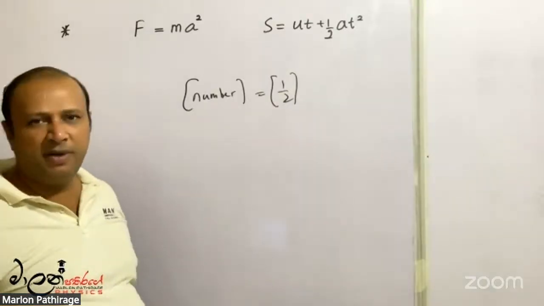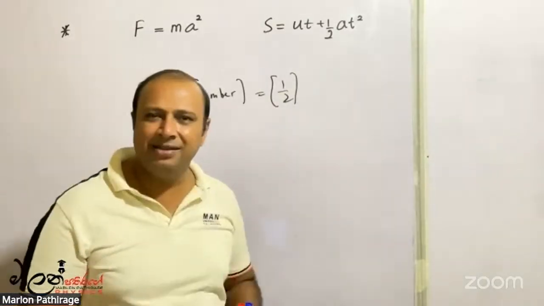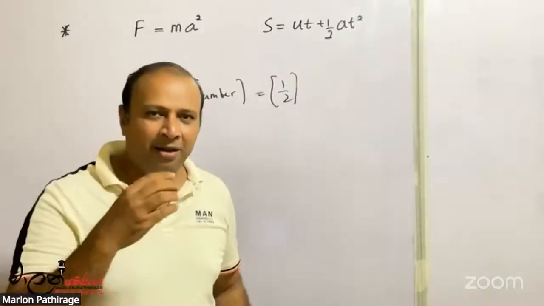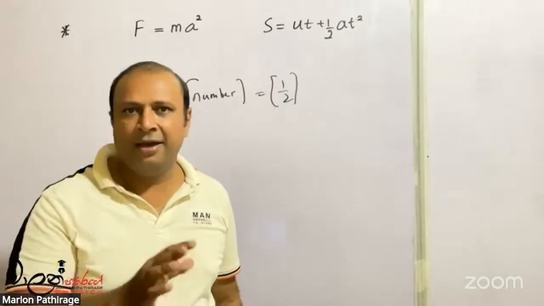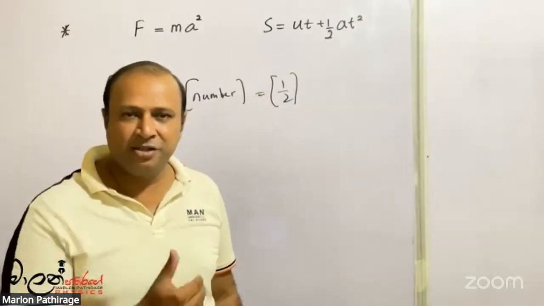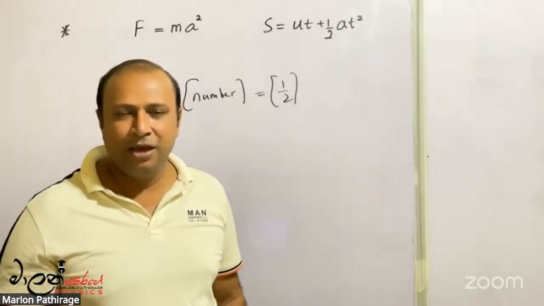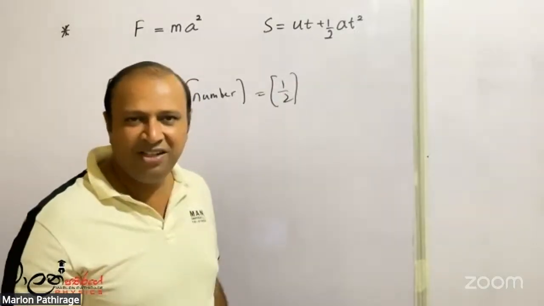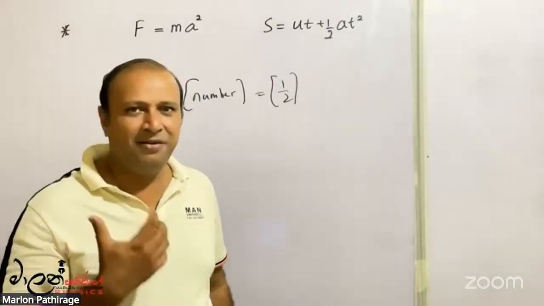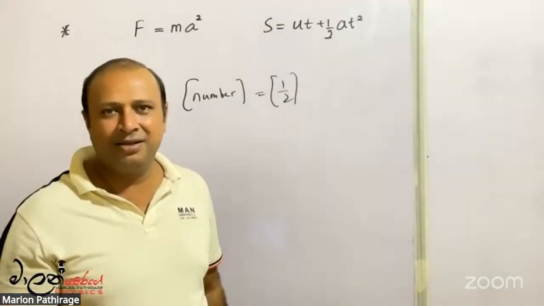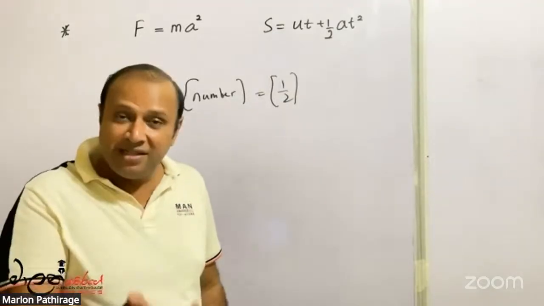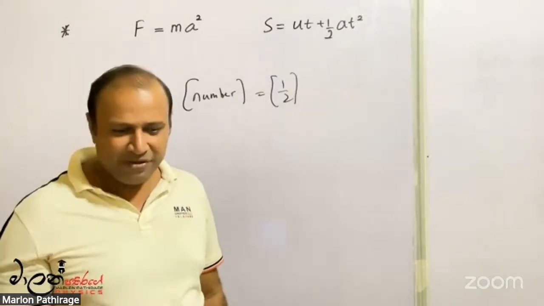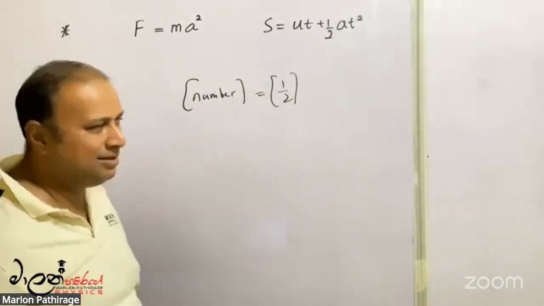Dimension is the relationship between the derived physical quantity and the corresponding physical quantity. A number is not a physical quantity, just a number. Therefore, numbers do not have dimension because they are not physical quantities.